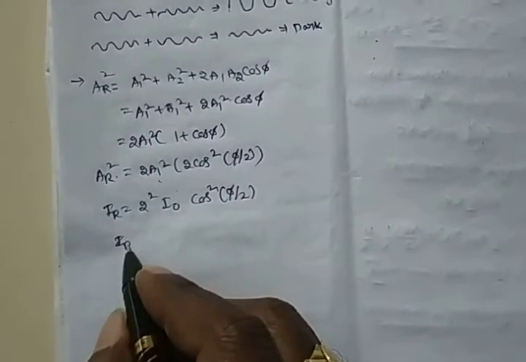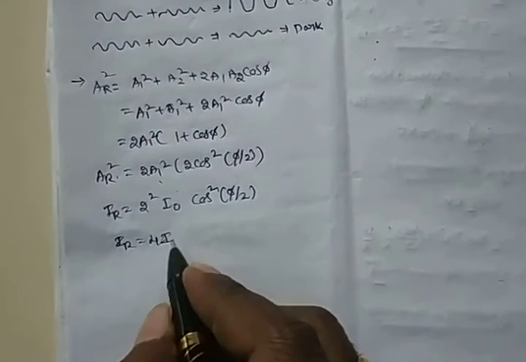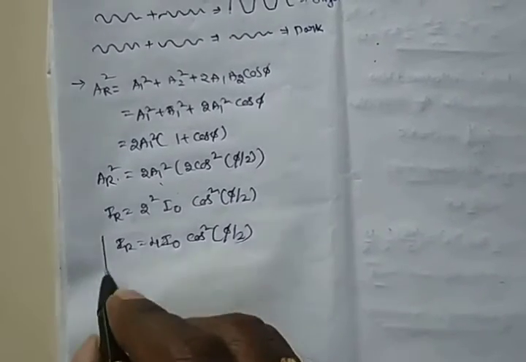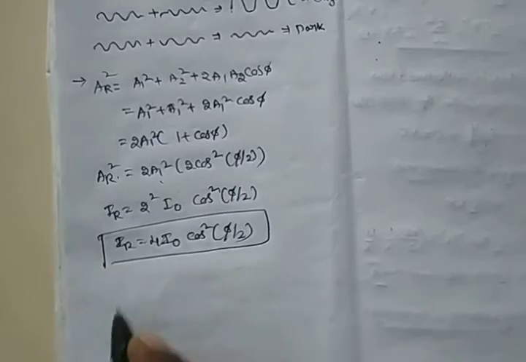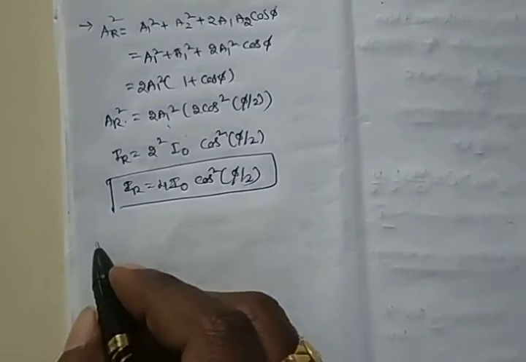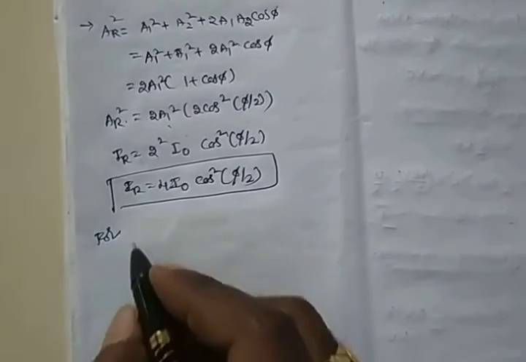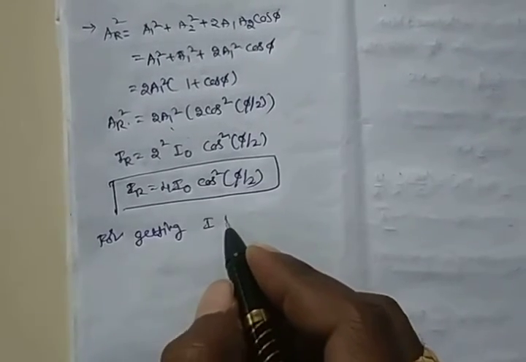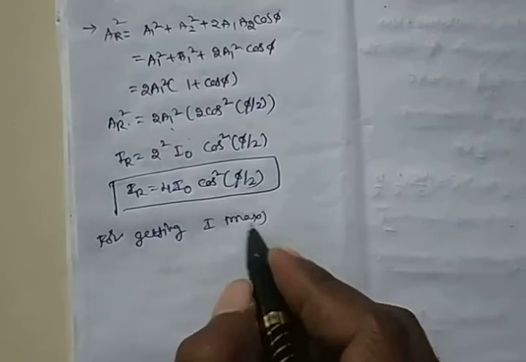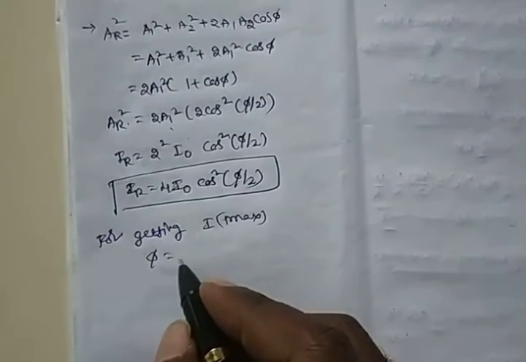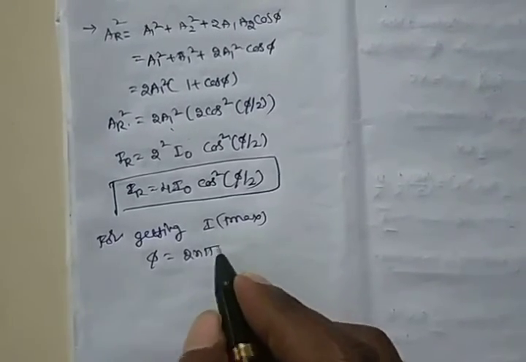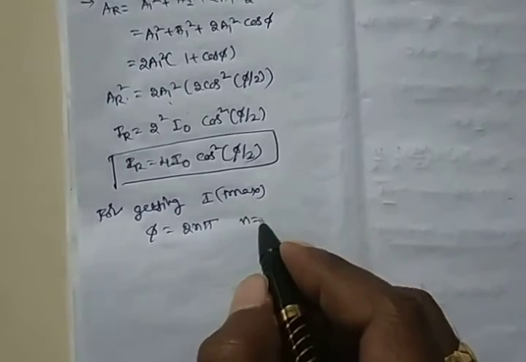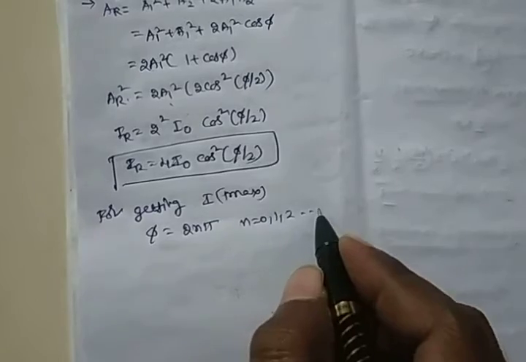So the resultant intensity is 4 I0 cos square phi by 2. For getting intensity maximum, phi should be 2n pi, where n equal to 0, 1, 2 and so on.